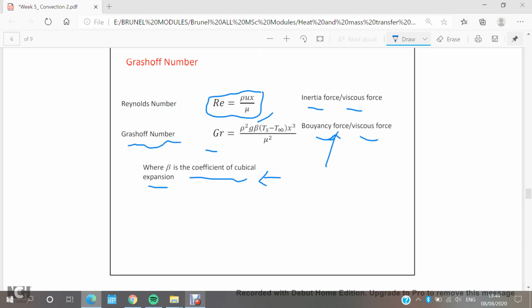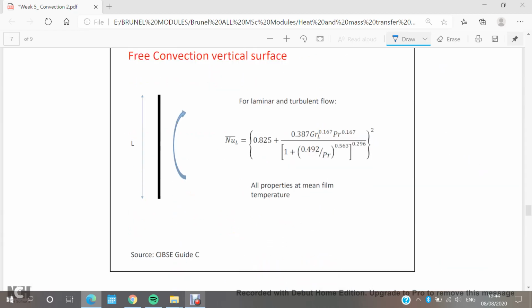So I can easily calculate the Reynolds number and the Grashof number, and by understanding both of them I can calculate the average Nusselt number with respect to L, the length of the geometry, given by this equation for a vertical surface, in case of laminar and turbulent flow.